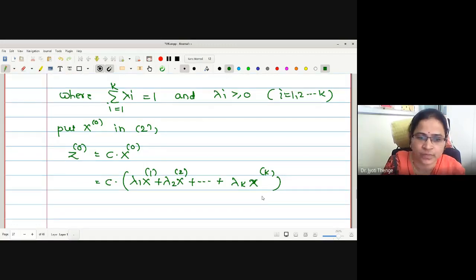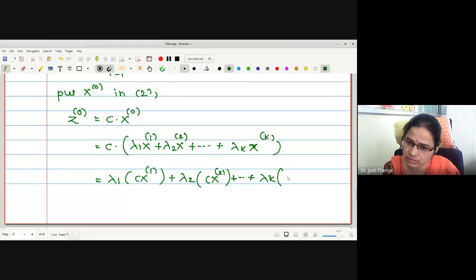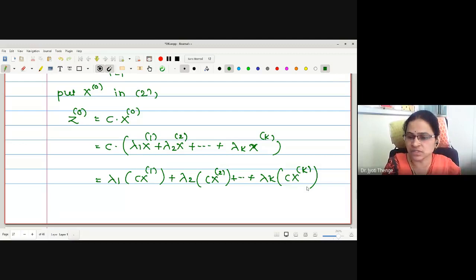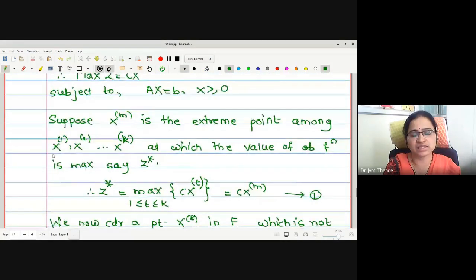Now we'll take the lambdas out and multiply by C. Therefore, this is C X1, with lambda 2 out we remain with C X2, so on, with lambda k out we remain with C Xk. But what are Cx1, Cx2, Cxk? They are the values of the objective function at these extreme points.